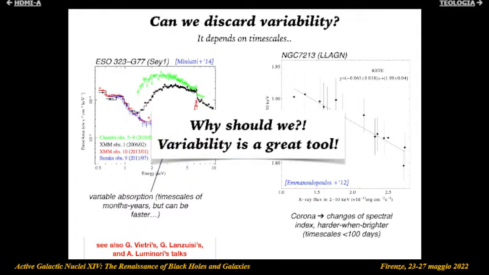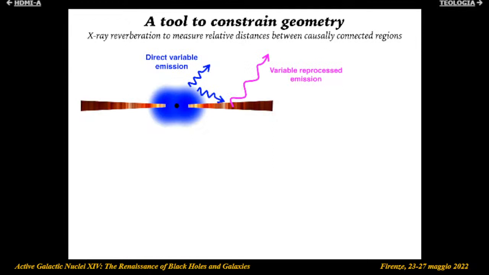However, why should we neglect variability? Variability can be used as a tool to study these objects. And so let's go through some applications. One of these applications is to use variability to constrain the geometry of the accretion flow.